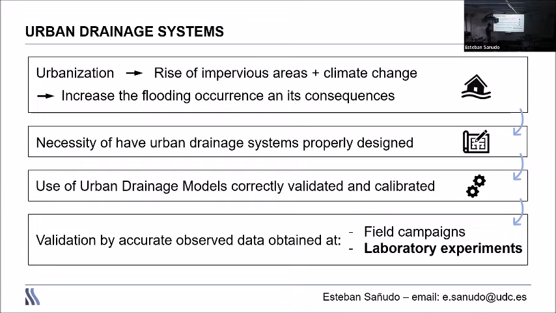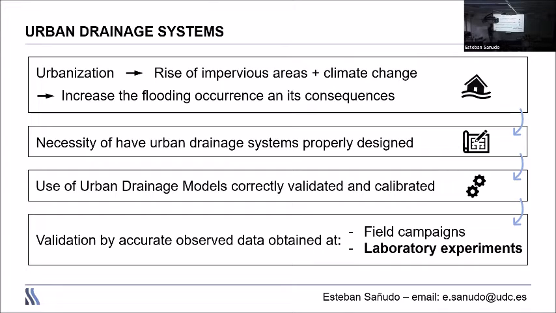So it's very important that cities have properly designed urban drainage systems, and to do that, engineers, designers and other people need urban drainage models that work properly and that are validated and calibrated for these specific cases.